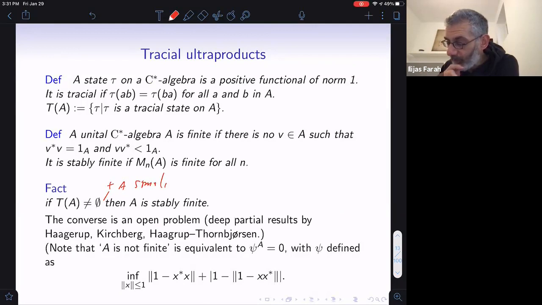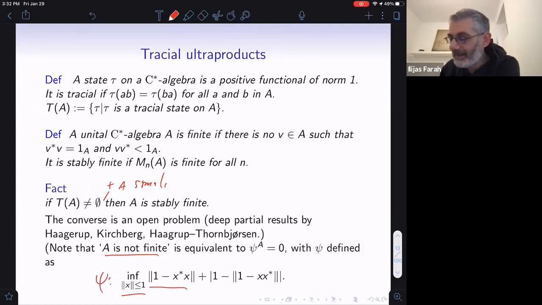Now, what I would like to point out here is that A being finite or not being finite can be expressed by a formula. A is not finite if you take this formula Psi, and look at the infimum over all x's of norm 1 of the norm of 1 minus x star x plus the absolute value of 1 minus the norm of 1 minus x x star.